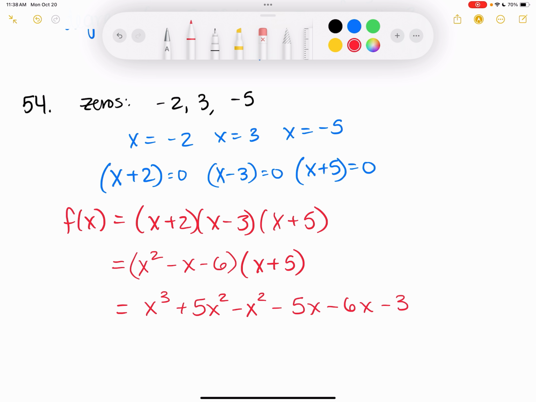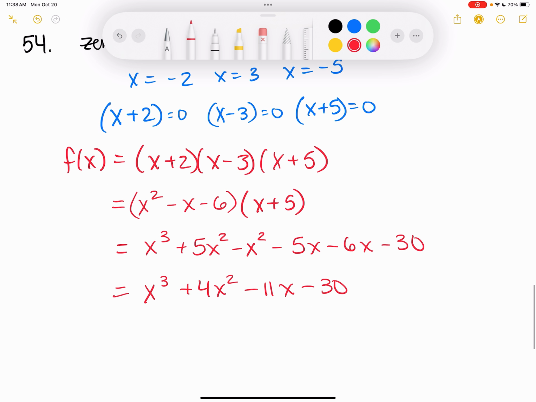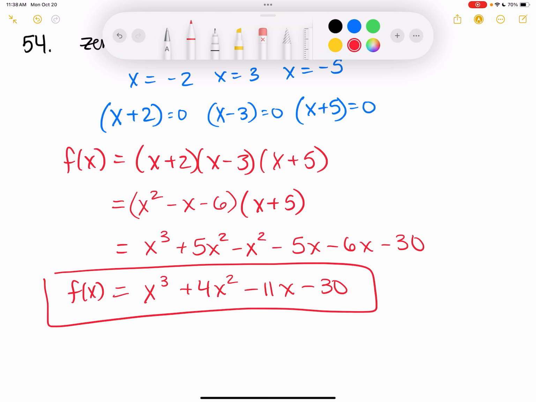Combine like terms: x cubed plus 4x squared minus 11x minus 30. So that's all you're doing on those ones. Just multiplying it out.